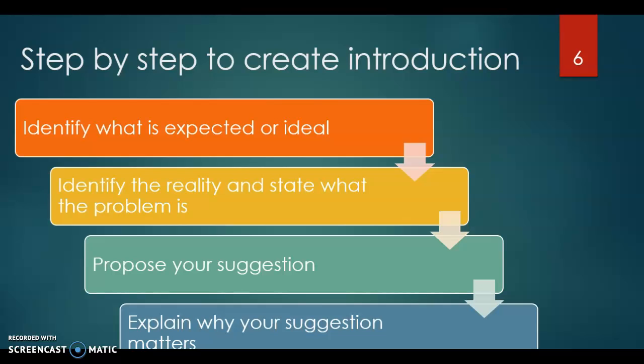First of all, you need to identify, like I said, what is expected or what is ideal. In this case, related to education study, we want every student to be able to speak English fluently. That, for example, is what is expected here.